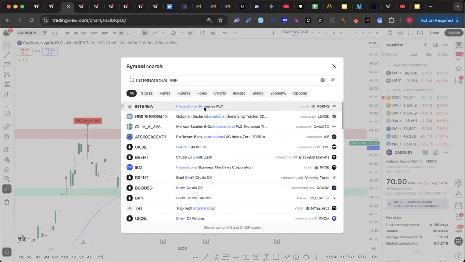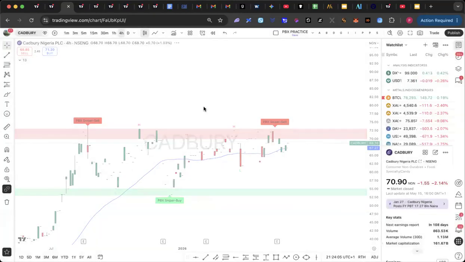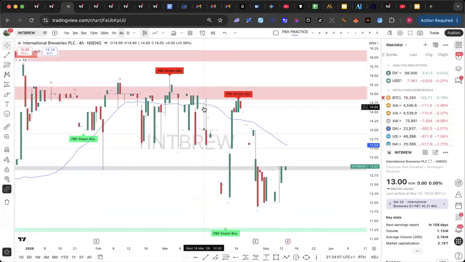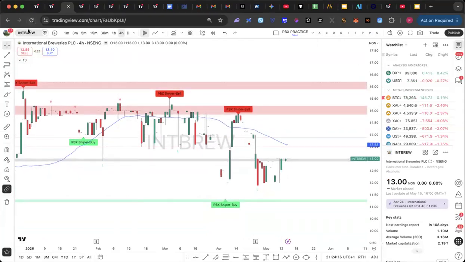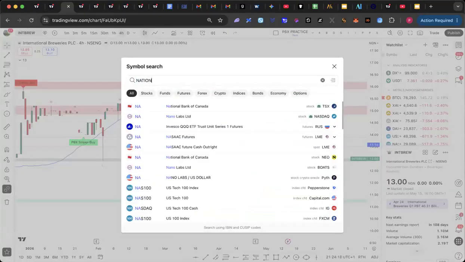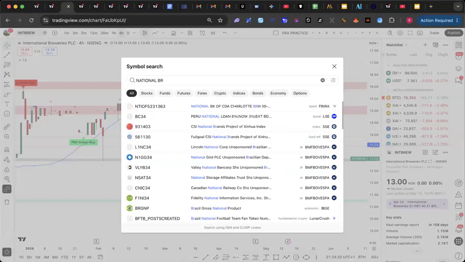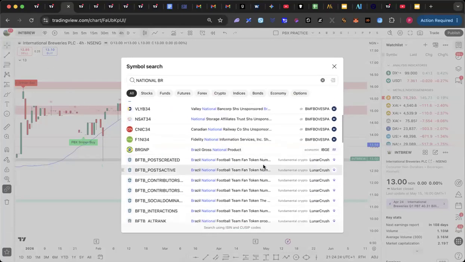So you can buy International Breweries. Just buy some and hold. Just 13 naira per share. That's not too much. So International Breweries and Nigerian Breweries.